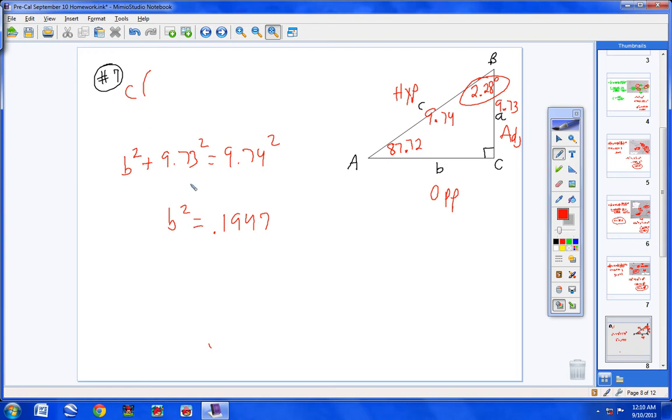They're getting 0.39. We're going to be off a little bit because we've rounded our numbers, but 0.44. All right? For b. So the length of b is 0.44. And we've solved another triangle.